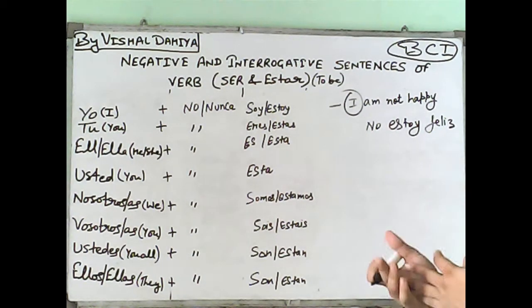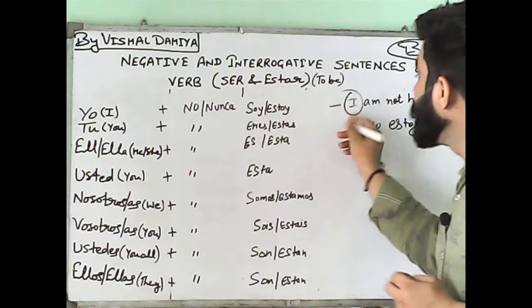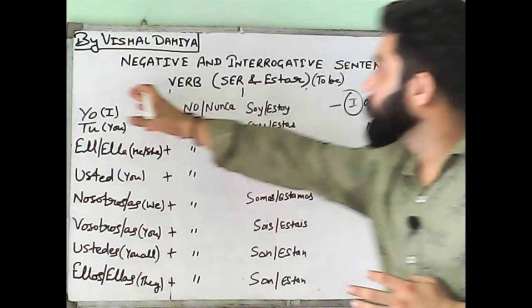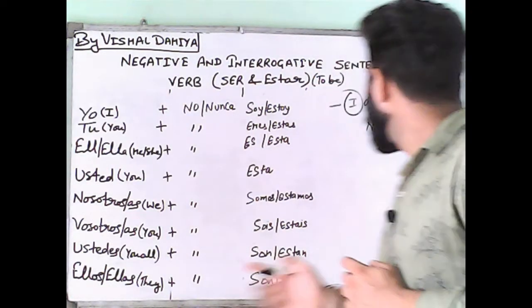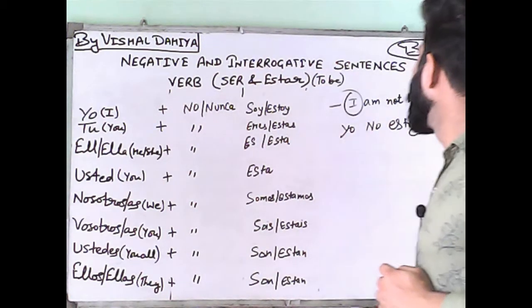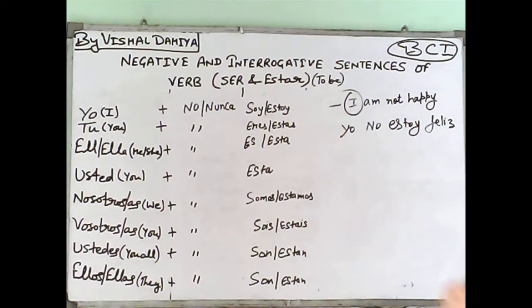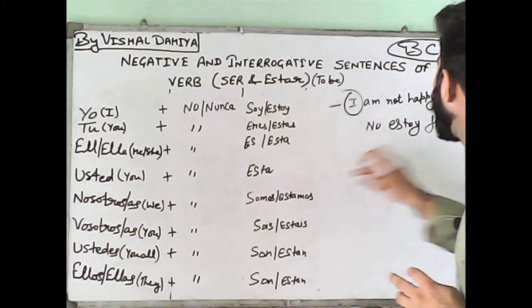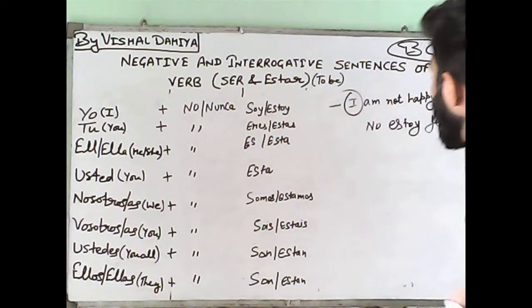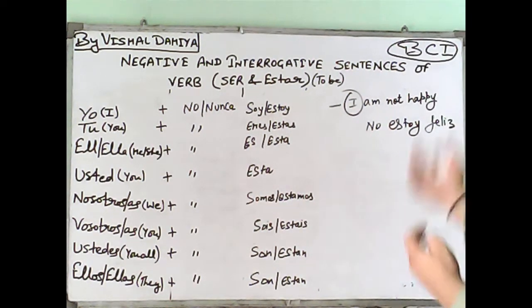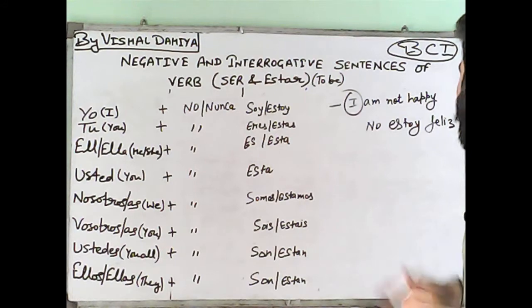Feliz means happy. No estoy. See, I haven't used pronouns, I haven't used yo. But if you want to use it, you can. If I don't use it, it is fine, because the conjugation form is telling you why I have used it.